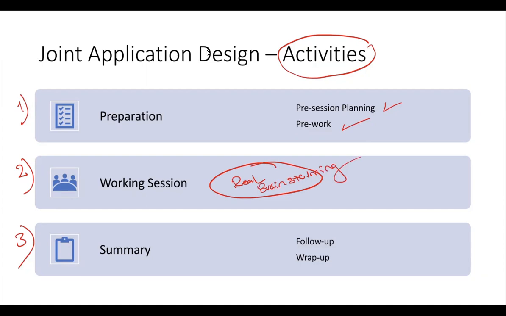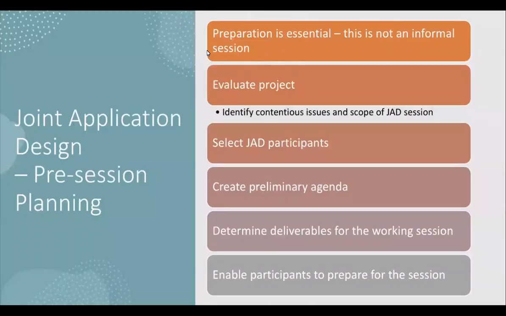And then you need to perform follow-up and wrap-up, which is the summarization of the workshops or sessions. Let's start with the first stage, which is pre-session planning in the JAD method. Keep in mind that preparation is essential.